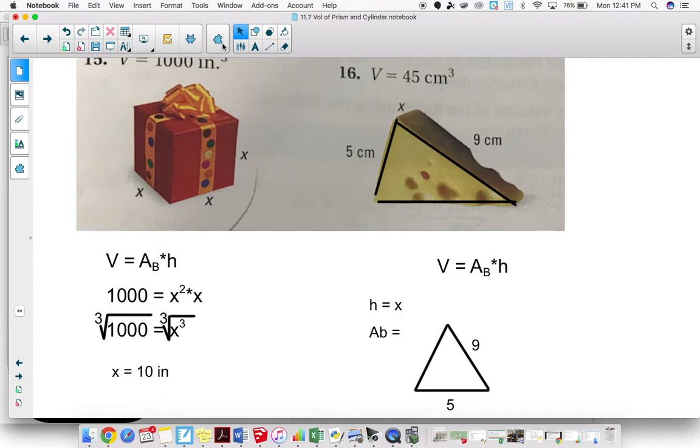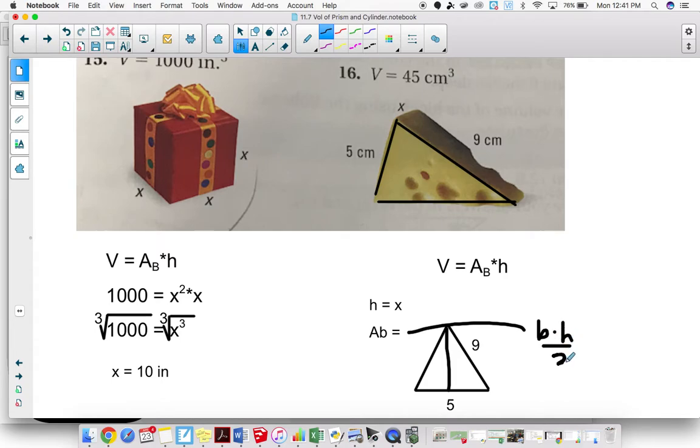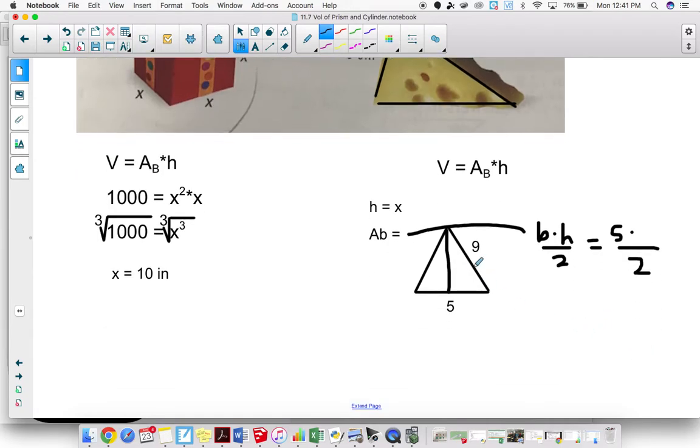And so we need to get the area of this triangle. The area of this triangle would be base times height divided by 2. So I know the base is 5. I don't know the height of that triangle, so I'm just going to put an H right here.